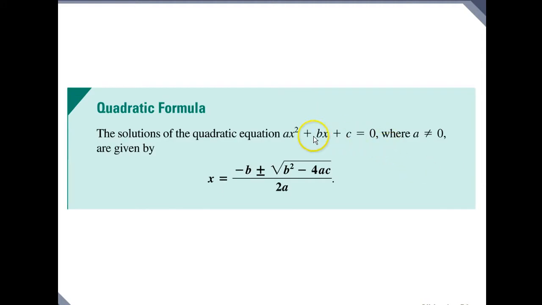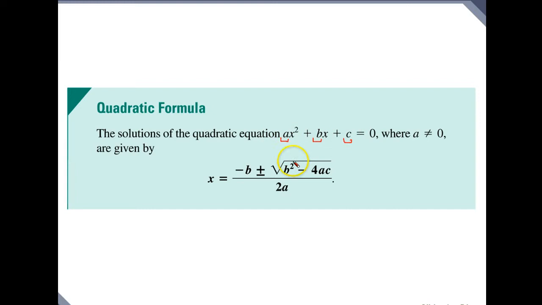Now, here is the standard form of the quadratic equation. If I solve this for the letter x in there, I get what is called the quadratic formula, where if I can identify my a term, my b term, and my c term, it has to be in standard form.